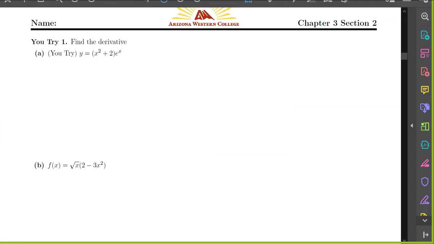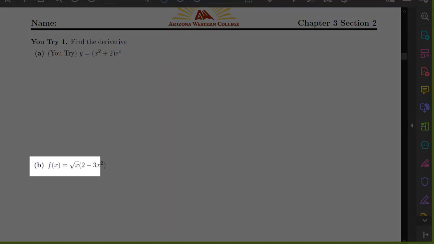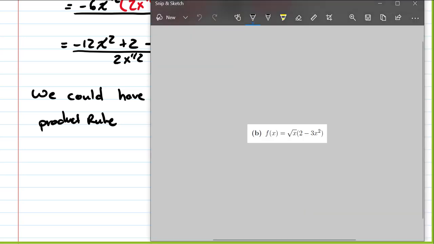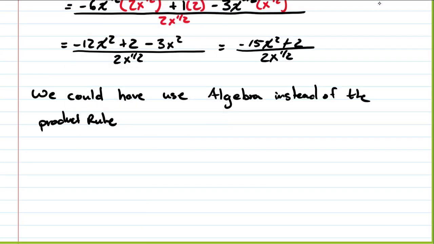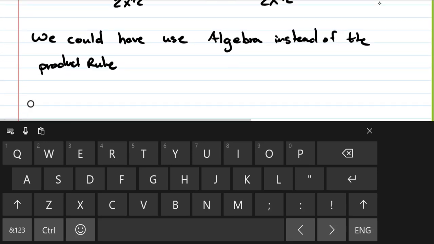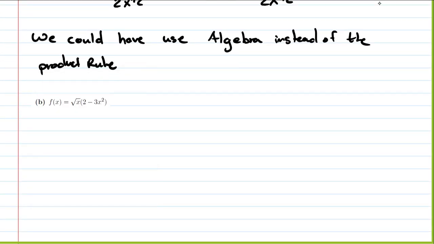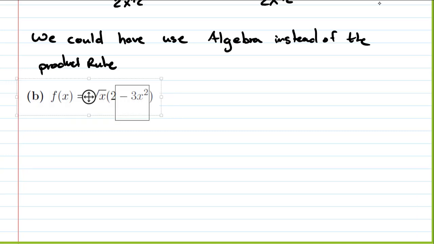So let's take a look then at this using algebra, because we have a product, right? But the product means we can distribute it into our parentheses.